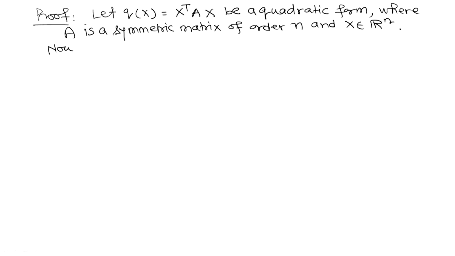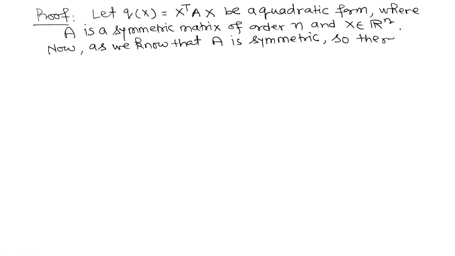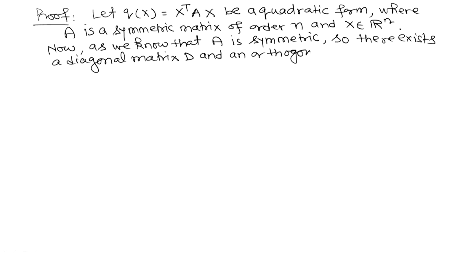Now, as we know that A is symmetric, so there exists a diagonal matrix D and an orthogonal matrix Q such that A can be written as Q D Q transpose.